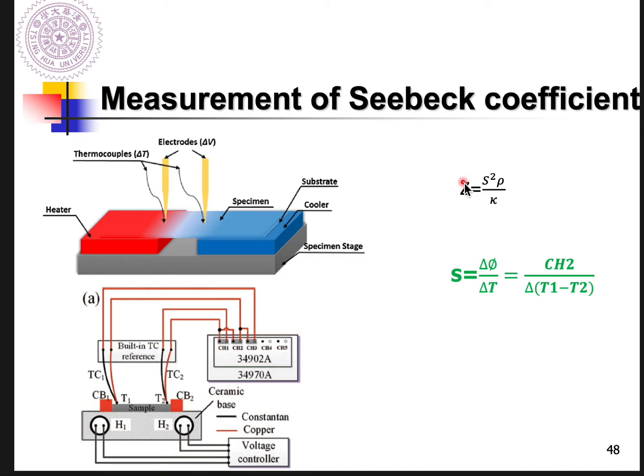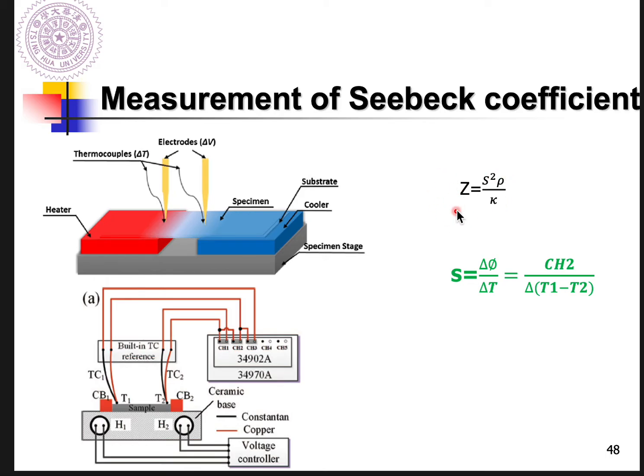Z is equal to the square of the Seebeck coefficient, times sigma, the electrical conductivity, divided by kappa. So if this value is higher, that means this material is suitable as a thermoelectric material.